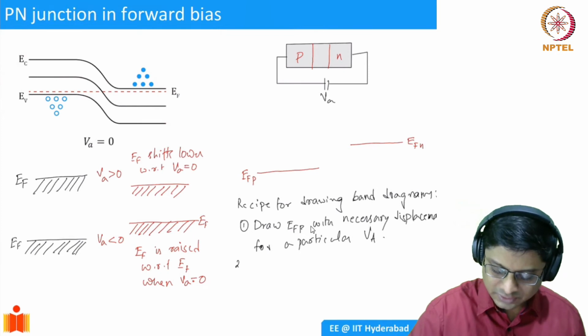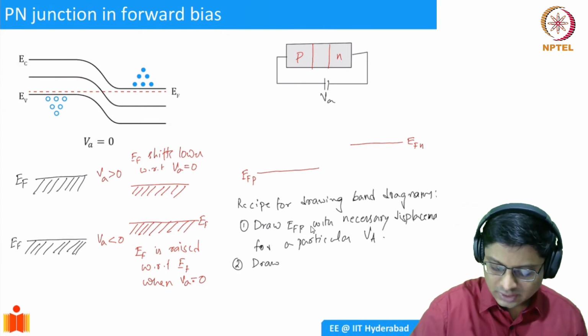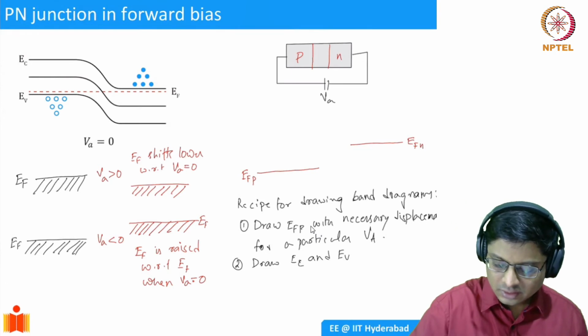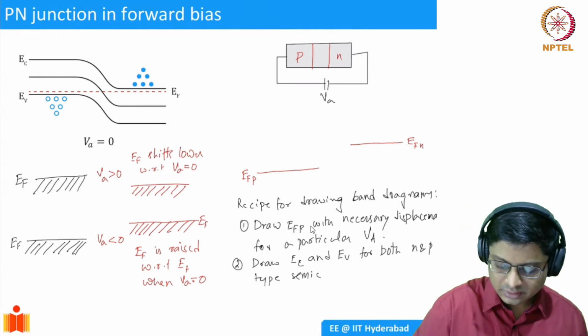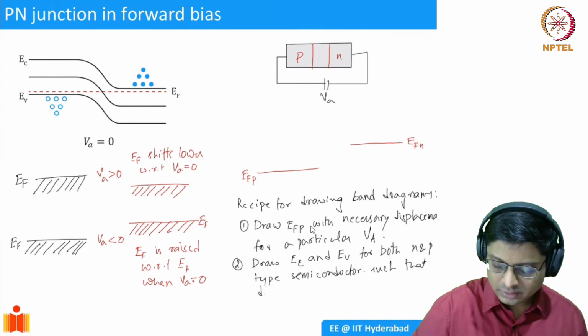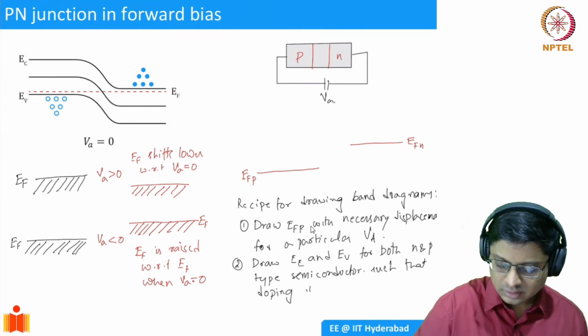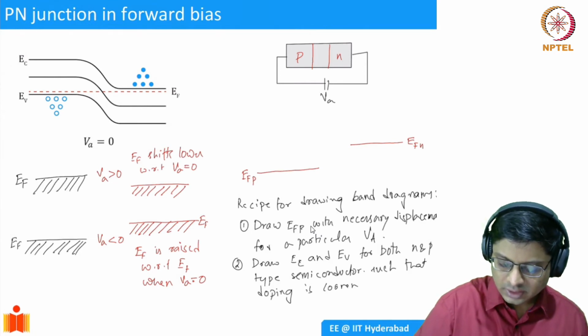The second step is draw EC and EV for both semiconductors, both N and P type semiconductor, such that doping is correct in quasi-neutral regions.